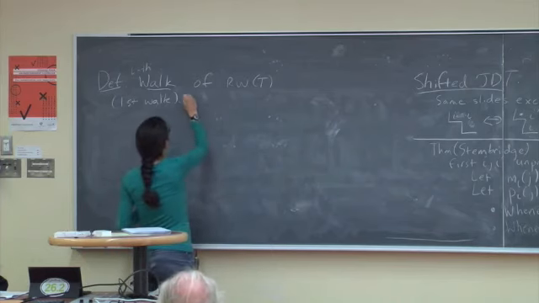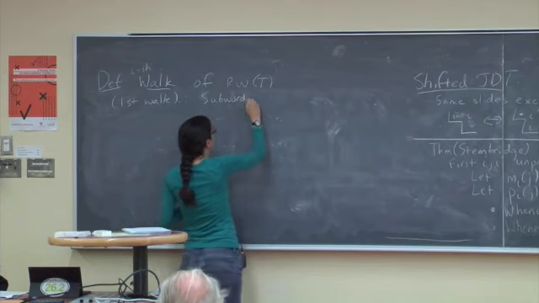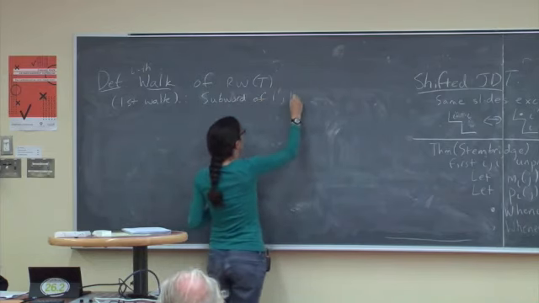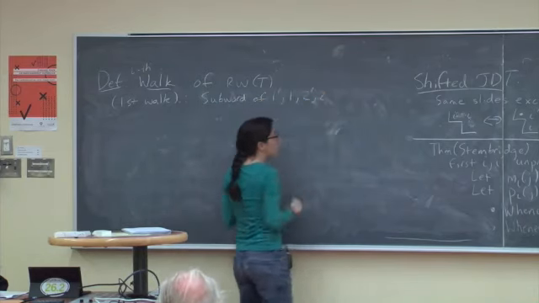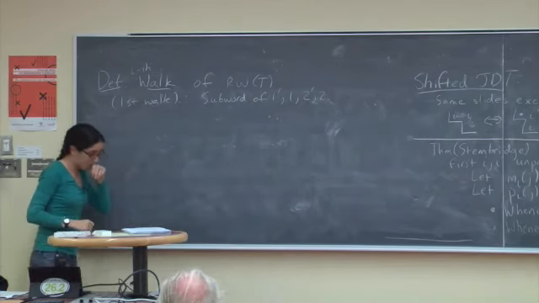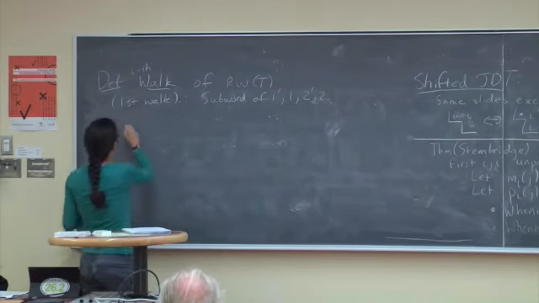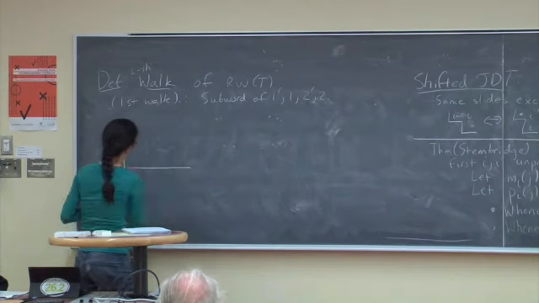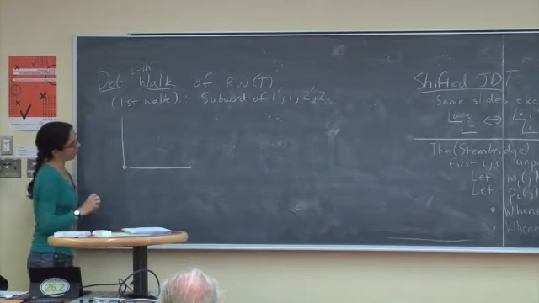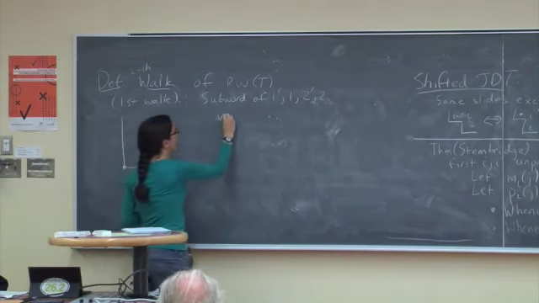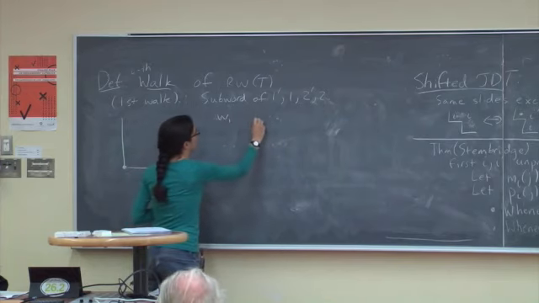So you look at the subword of 1 prime, 1, 2 prime, and 2. And then we're going to make a lattice walk in the first quadrant where we start at the origin and then we read the word. This subword is going to be W1 to WN.